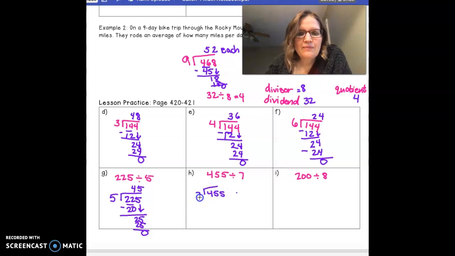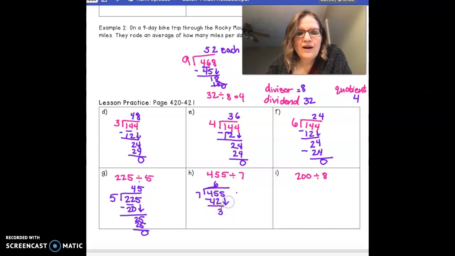455 divided by 7. I know that 45 can be divided by 7 6 times. 6 times 7 is 42. Then I subtract. 45 minus 42 is 3.